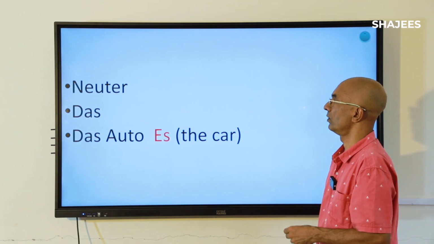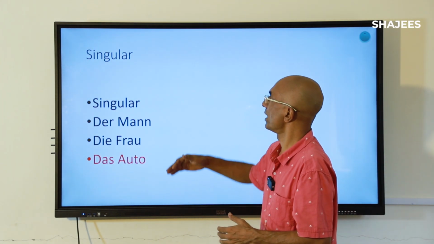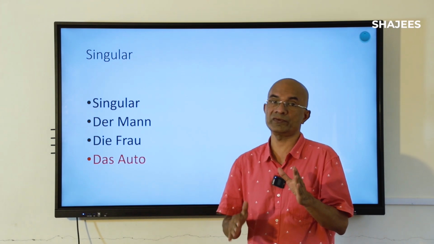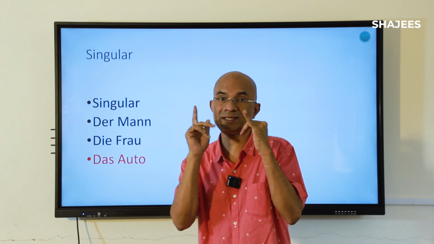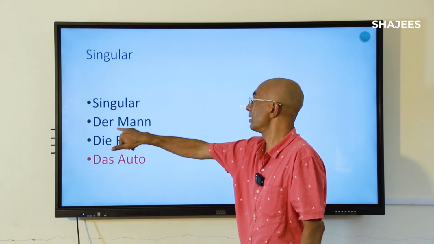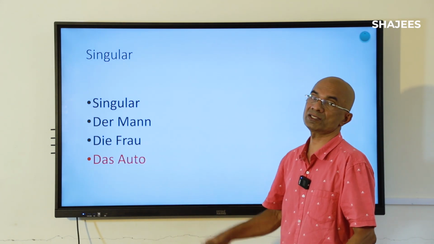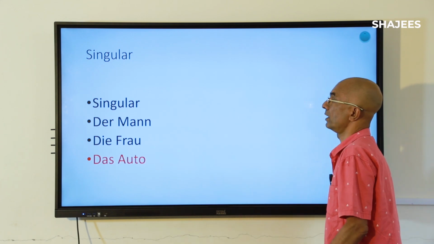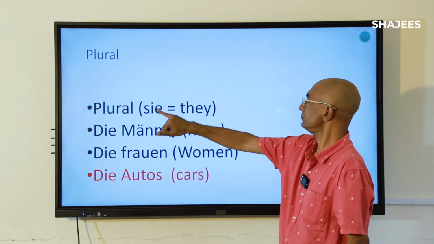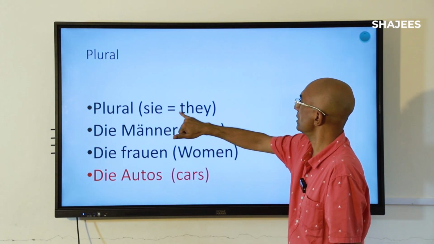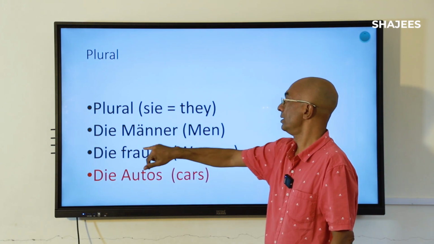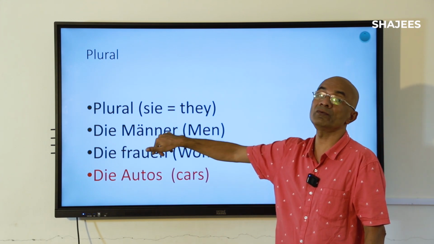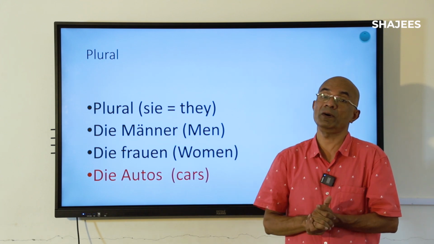When we move to the next one, we have singular and plural, which we have learned. Singular: der, die, das. So singular: der Mann, die Frau, das Auto. And then plural we have sie, they. Plural: die Männer. This umlaut we learned when we learned about the alphabets.